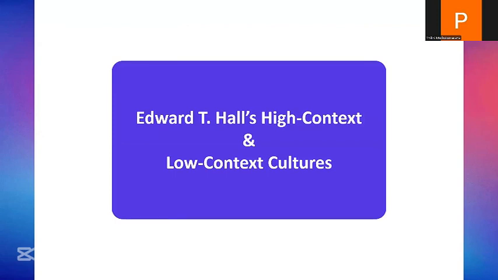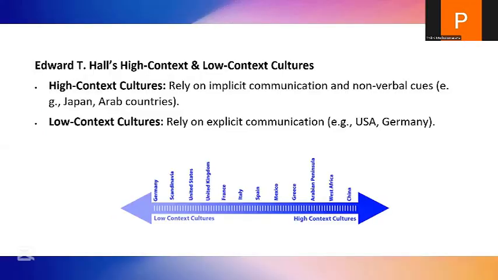So far we have discussed Hofstede's six cultural dimensions and the difference between explicit and implicit communication. Another concept we have to learn under culture is high context and low context cultures. On this arrow, this side goes for the low context cultures, and the right side countries belong to the high context cultures.